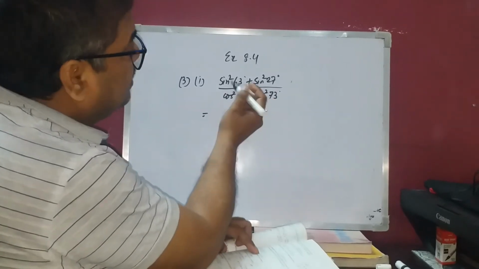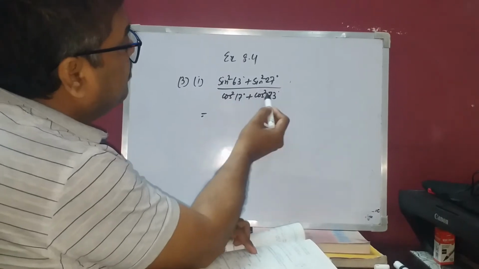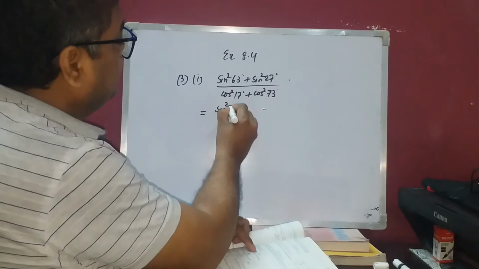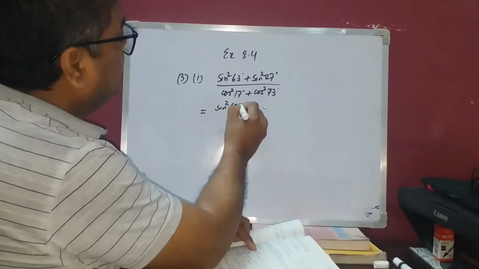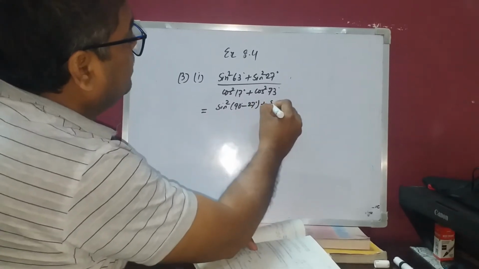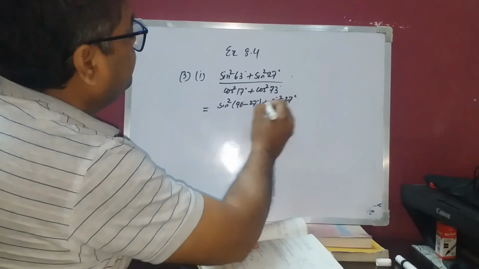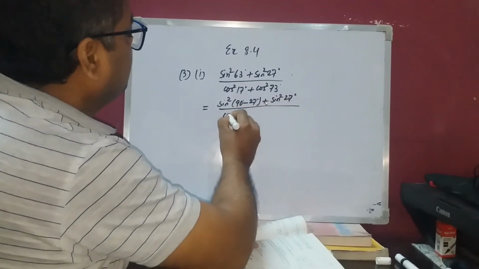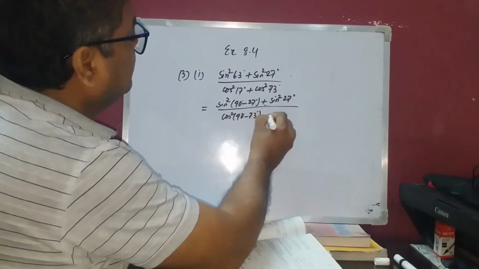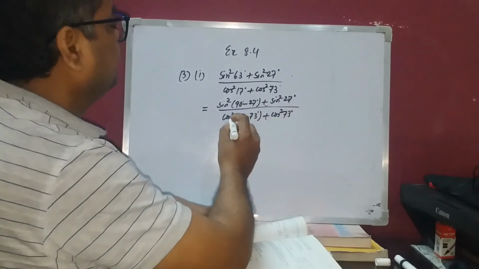So you will replace this angle in the form of this, like this: sine square of 90 degree minus 27 degree plus sine square 27 degree upon cos square of 90 degree minus 73 degree plus cos square 73 degree.